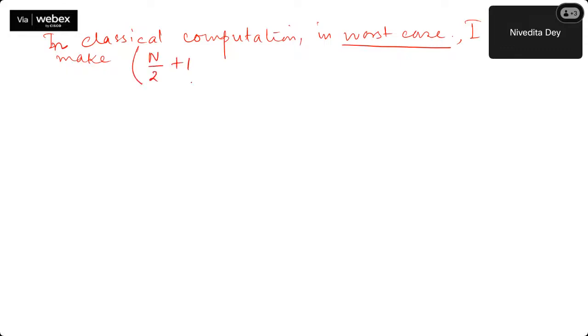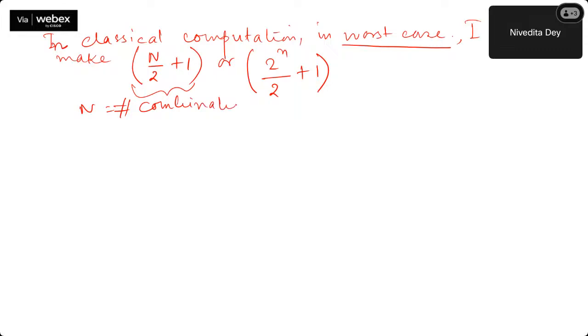That is 2 to the power n by 2 plus 1, considering n is the number of qubits, or basically, say for example, n is the total number of combinations. So at least that divided by 2 plus 1 number of combinations I have to check. Okay. These many combinations I have to check.